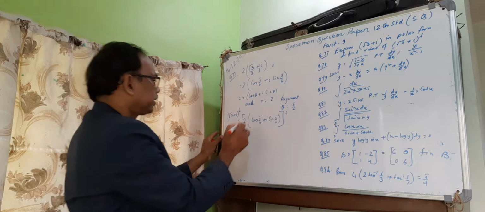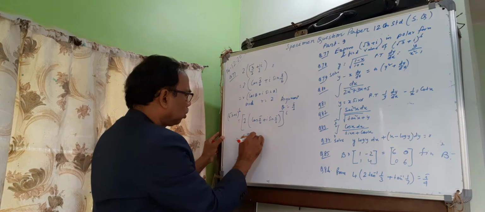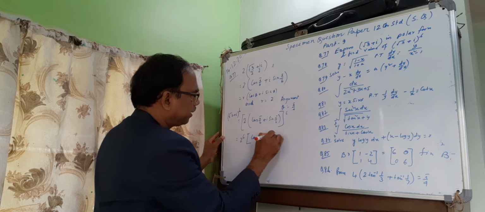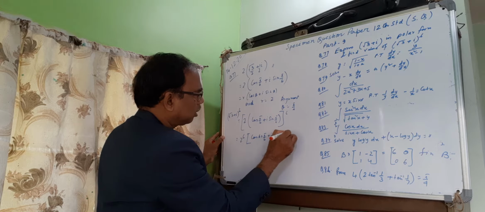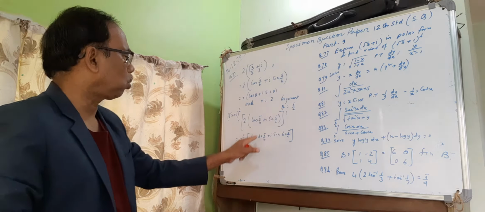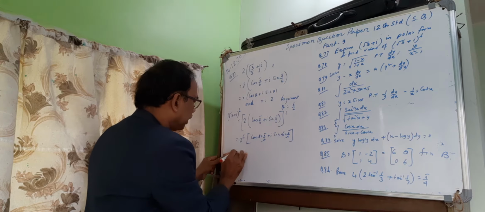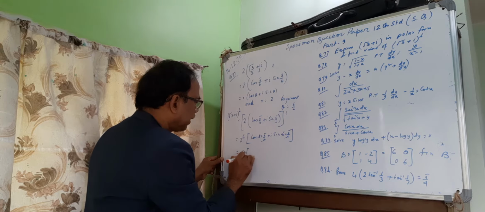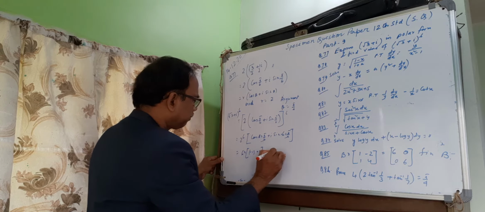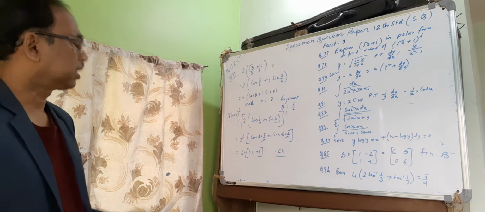Put it here, power 6, that is 2 to the power 6 times (cos of 6 into pi by 6 plus i sin of 6 into pi by 6) by De Moivre's theorem: (cos theta plus i sin theta) to the power n equals cos n theta plus i sin n theta. The 6 cancels. Then 2 to the power 6 is 64. Cos pi is minus 1 plus 0. That is minus 64, the value of the given expression.